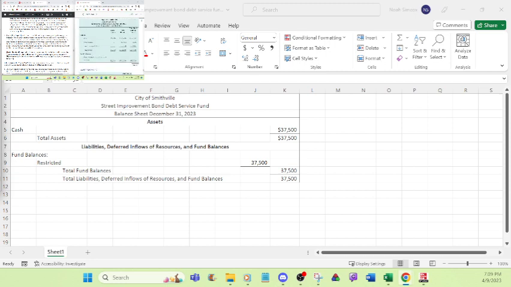Oh, come on. Really? We have two different types of bonds. We don't even do this. We only have one type of bond. What on earth? It's funny, they don't actually list liabilities on here.